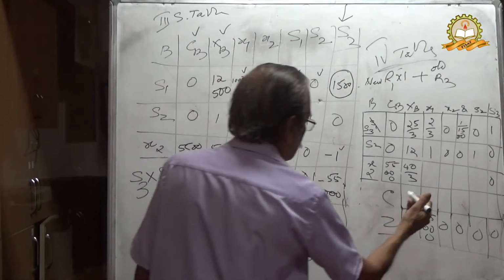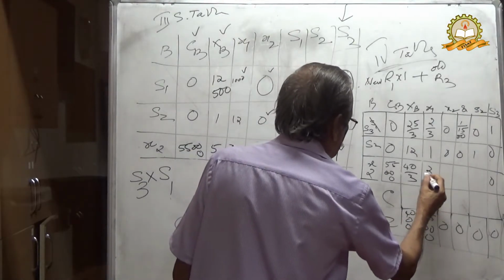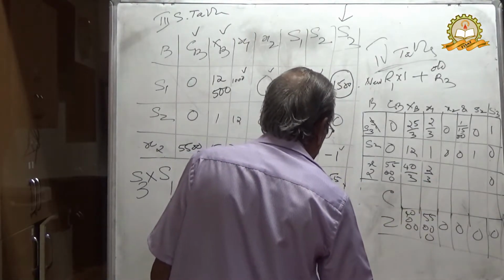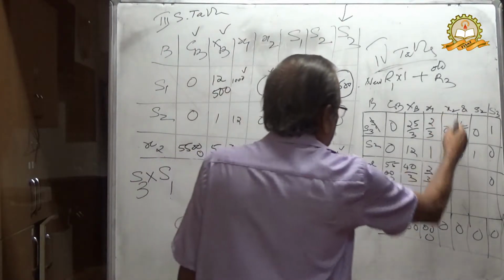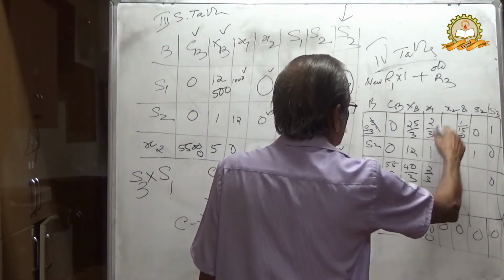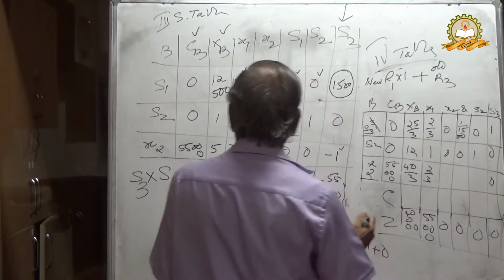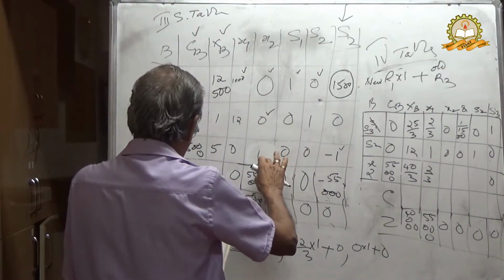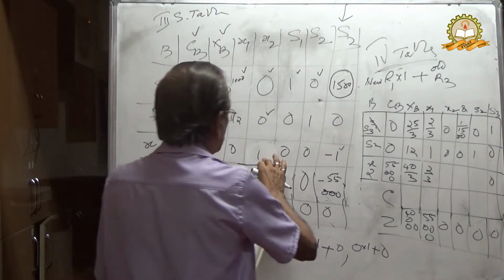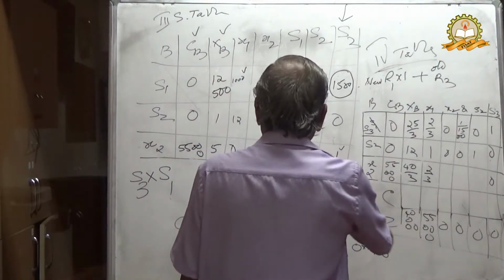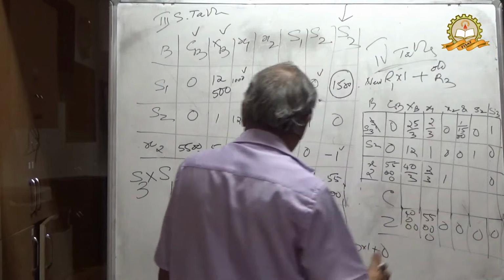Therefore, you have 2 by 3 under X1. Then under this, you have 0 into 1 plus 1. You have 1.